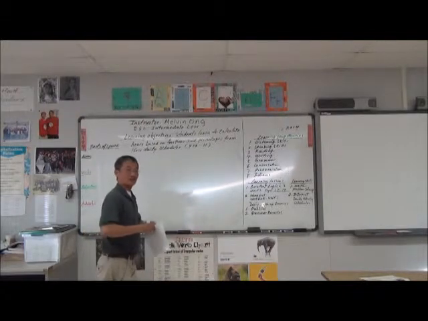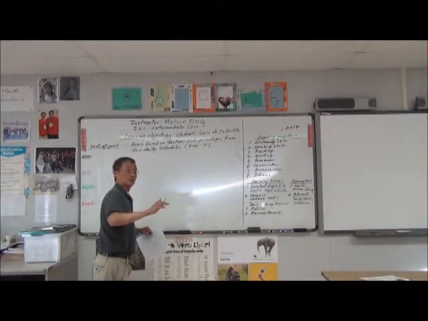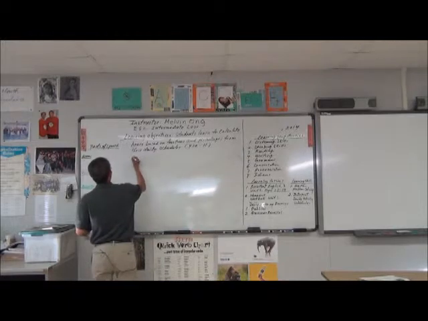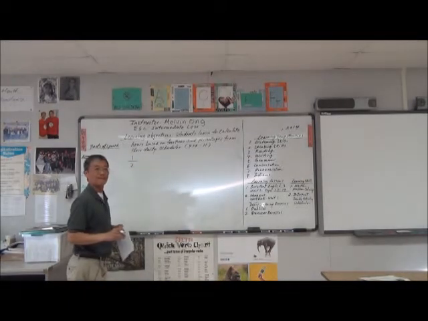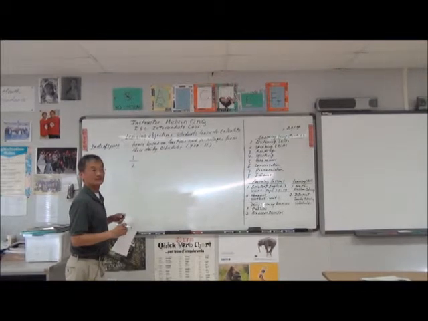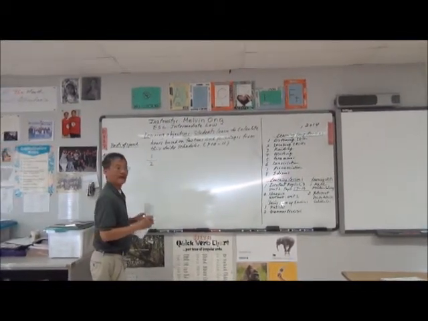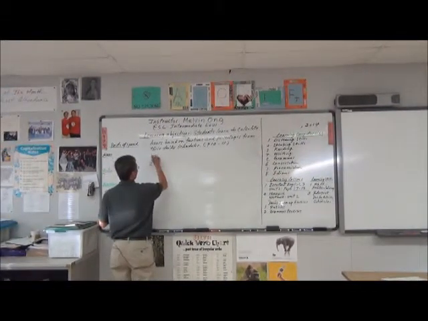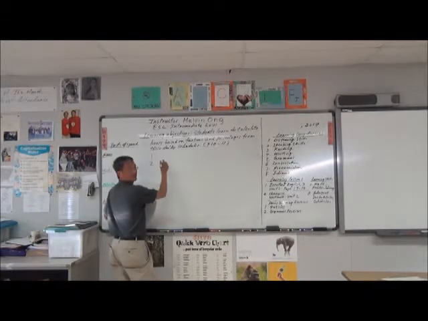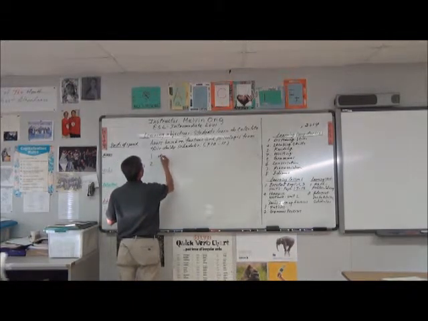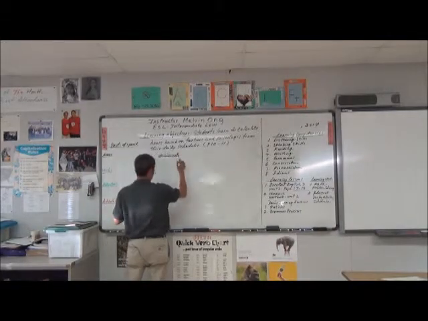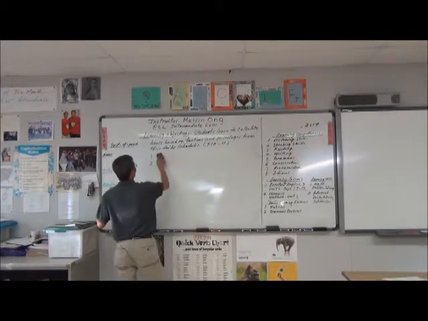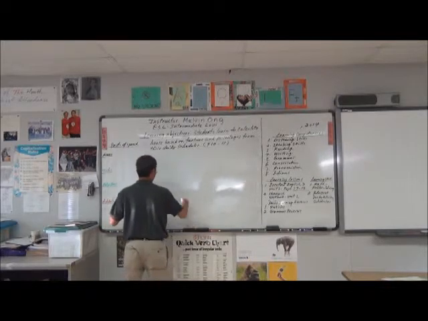So speaking of fractions, let me review very quickly with you. If we say a fraction this way, how do we read this fraction? What fraction is this? Half, right? The one on the top is the numerator, and the bottom is the denominator.